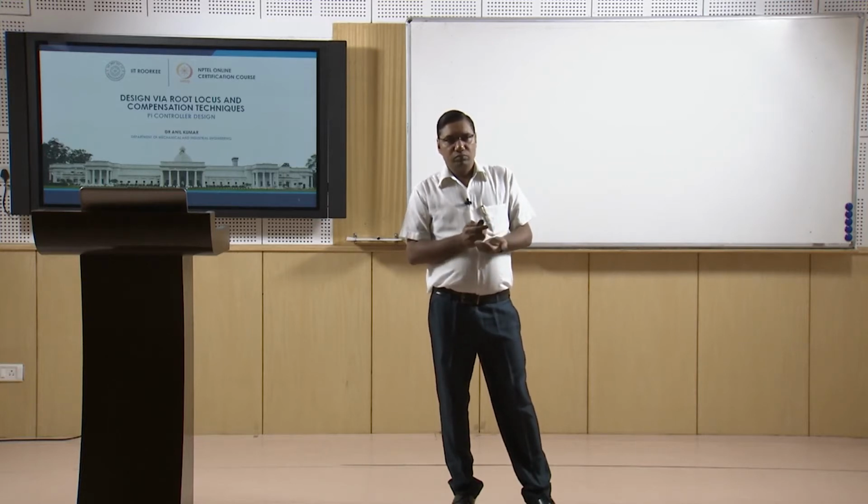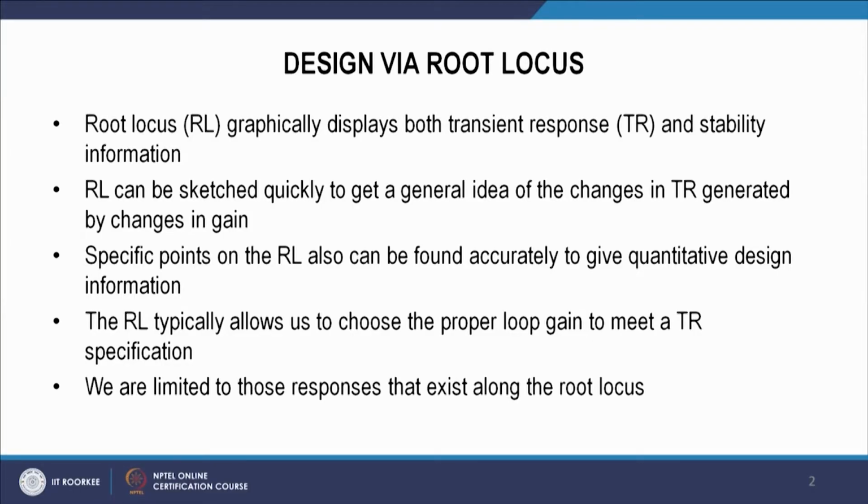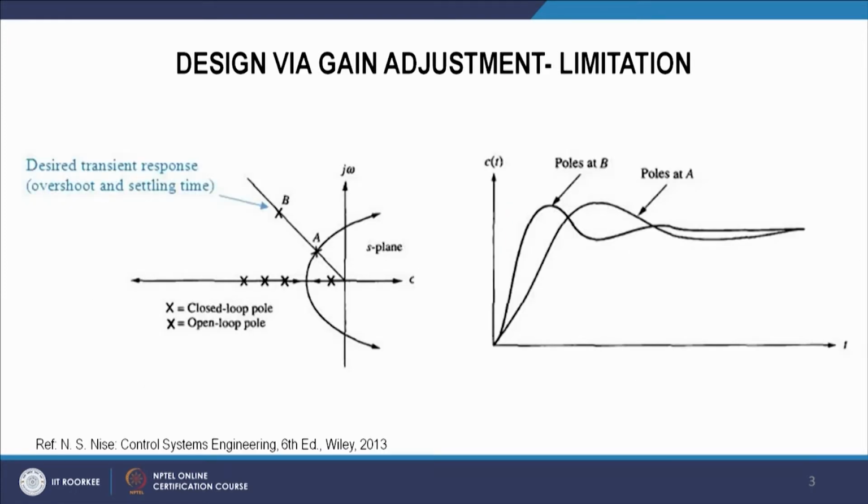Then we can select some other point that better matches the design requirement. However, in this root locus we are forced to select a point only on the root locus, because that root locus is a locus of closed loop poles when we vary the gain.